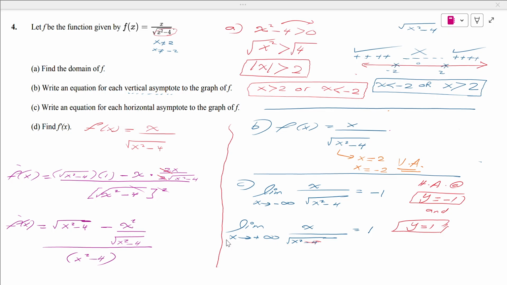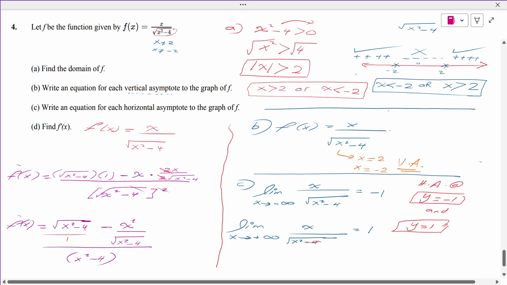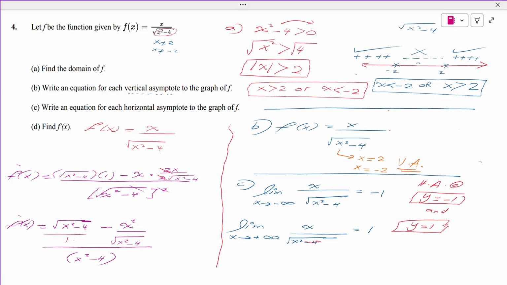So what do you think? What is the next step? We've got to make the denominators the same, right? We have to make the denominators on the numerators and the numerator the same. I mean, there is 1 here, okay? So let's multiply here by root of x squared minus 4, and the same here times root of x squared minus 4. So if we do that, what happens?